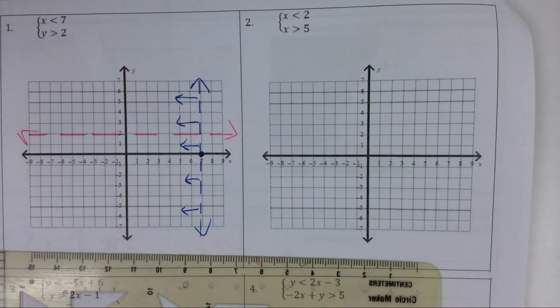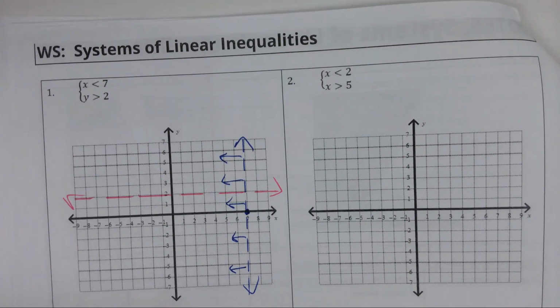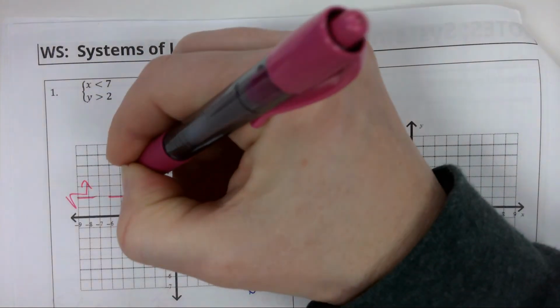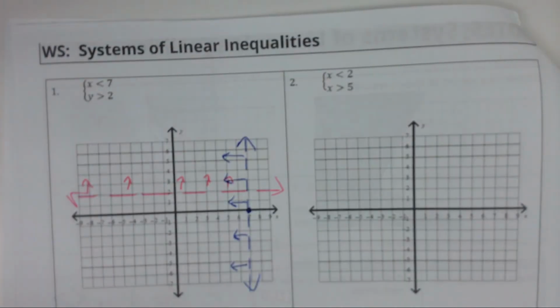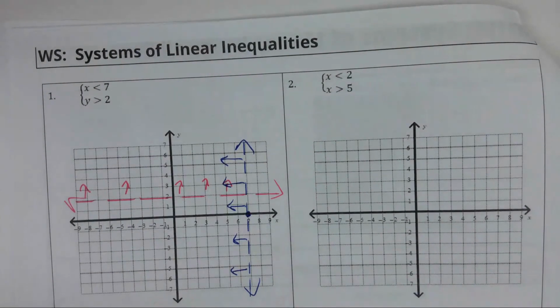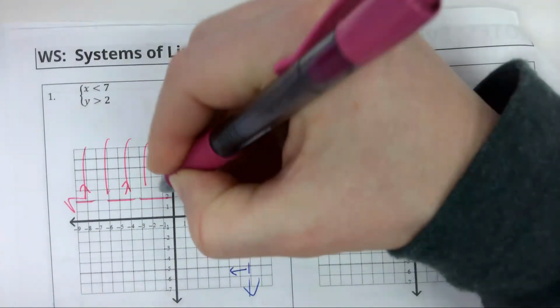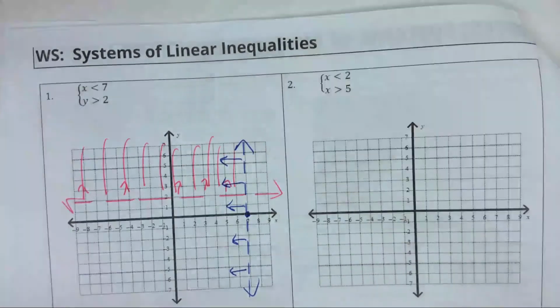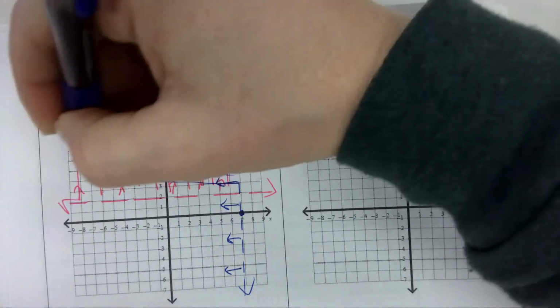Yeah, numbers above that line. Okay, so this one is like a cross, and the top and left would be the overlapping region. So anything that was above the pink line, but to the left of the blue line.